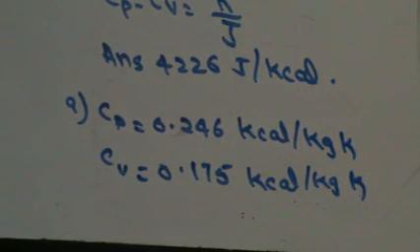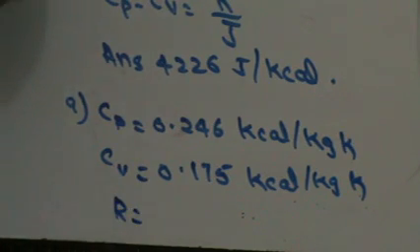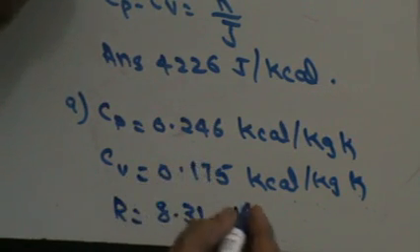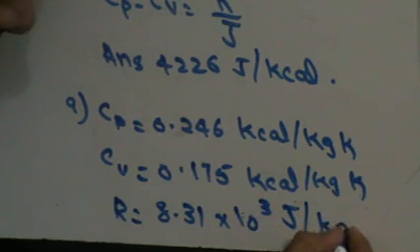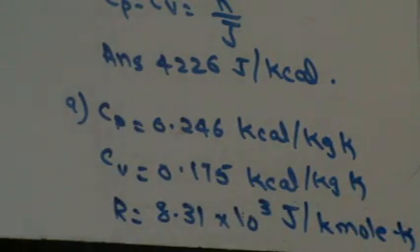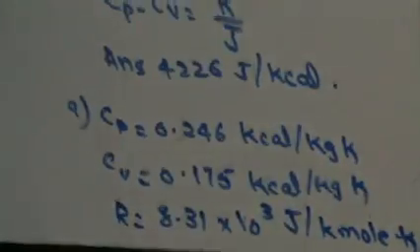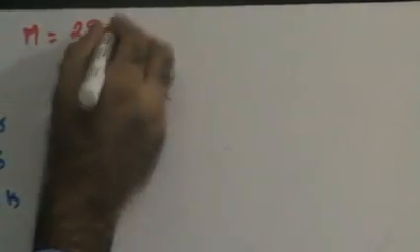Calculate J if R is 8.31 into 10 raised to 3 joules per kilomole Kelvin and the molecular weight is 28.